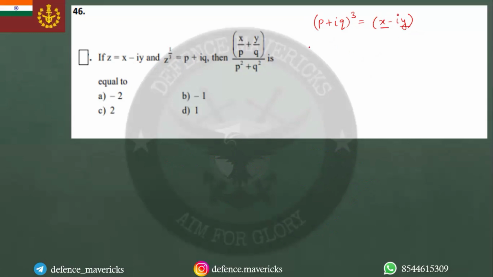So let's try to solve this LHS now. So this will be p cube plus i cube q cube plus 3 p square i q plus 3 p i square q square, and that has to be equal to x minus i y. So if I equate the real part, what I'll get is p cube, this is not real, this is also not real, minus 3 p q square has to be equal to x, because this is the real part.